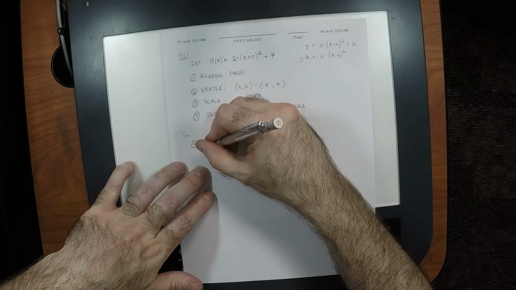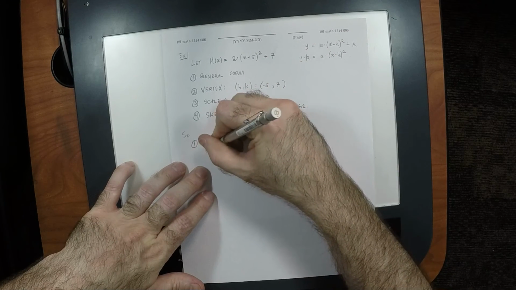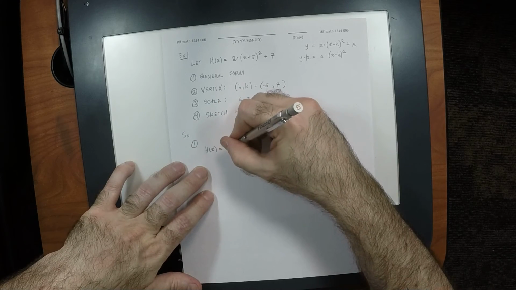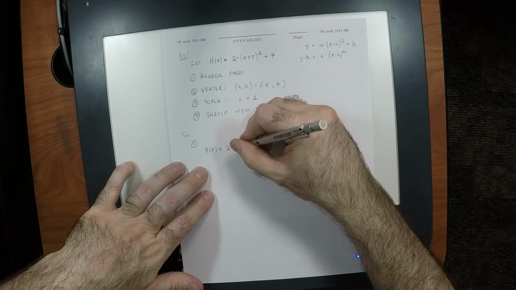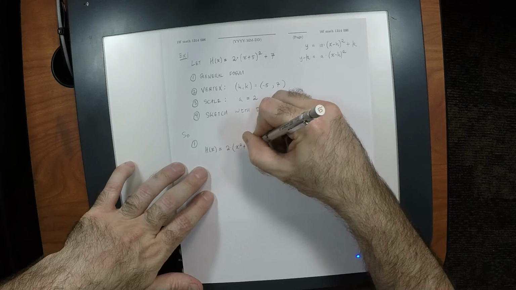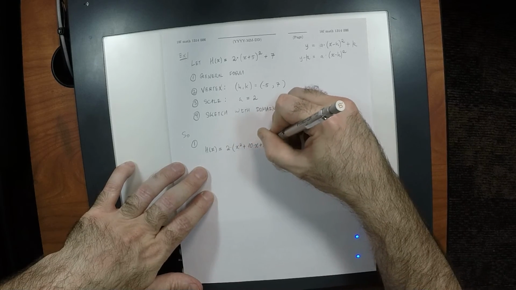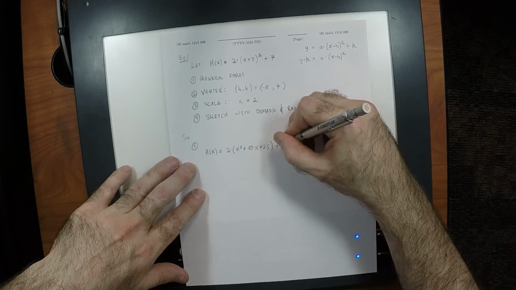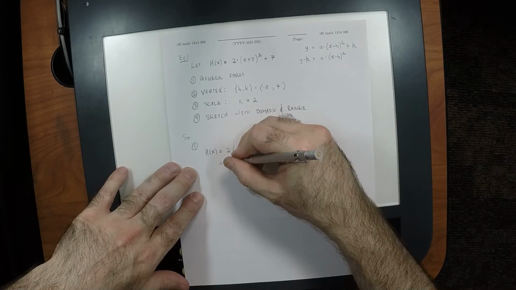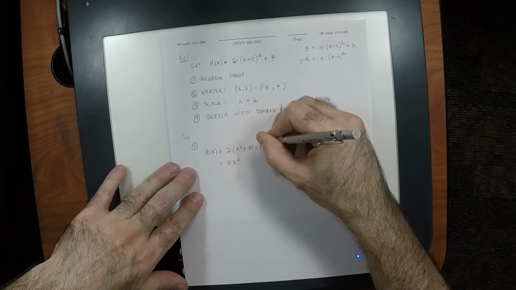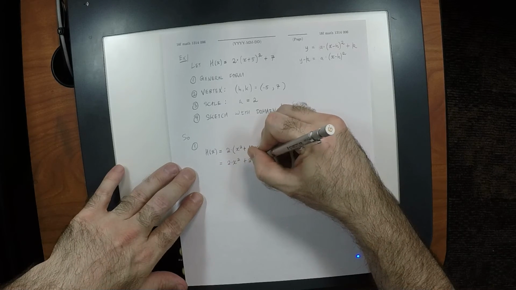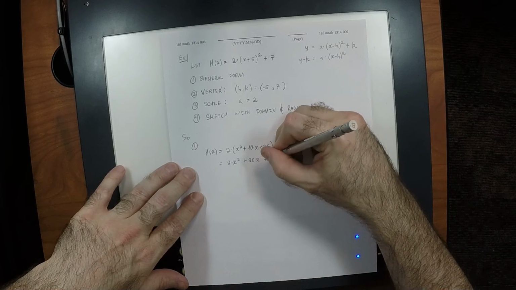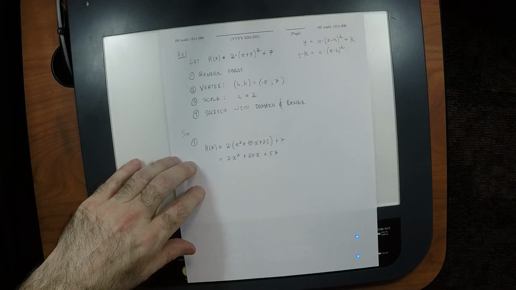Multiply it out, collect like terms. So that would be 2 multiplied by squaring that. That would be x squared plus 10x plus 25. And then add 7. So that would be 2x squared plus 20x, and then that'd be plus 50 and then plus 7 more. So that'd be plus 57. So that's the general form.